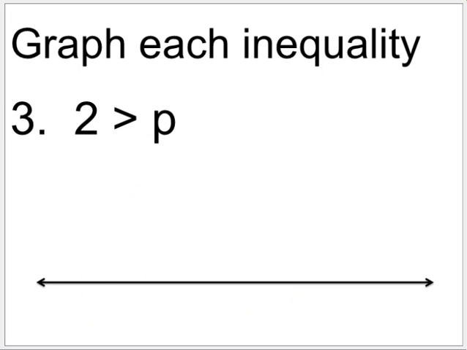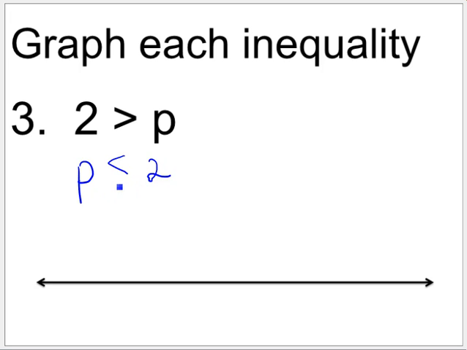My next example, the P is already by itself. However, the P is not on the left-hand side like the way I need it to be. So what I'm going to do is I'm actually just going to flip-flop those around. Now, if I flip-flop the P and the 2 around, that means I also have to flip-flop around the sign. So notice how the arrow was pointing at the P. The arrow is still pointing at the P, so I've not changed the problem.